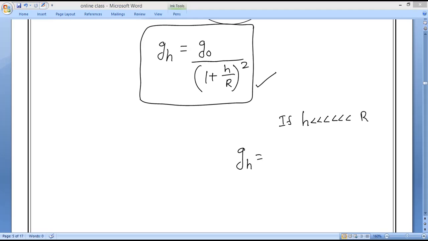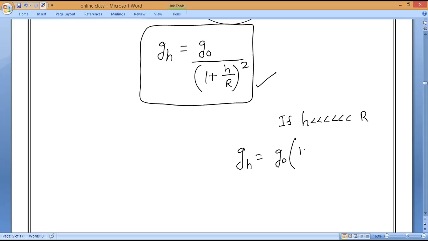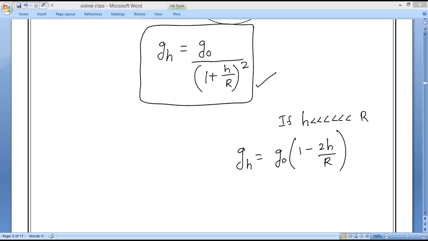All of you should remember, whenever the height I traveled is extremely smaller than r, then g_h equals G naught into 1 minus 2h by r. That is the formula you have to use.